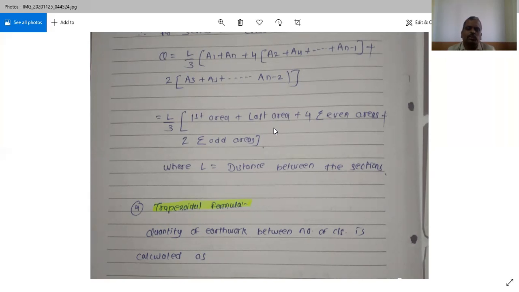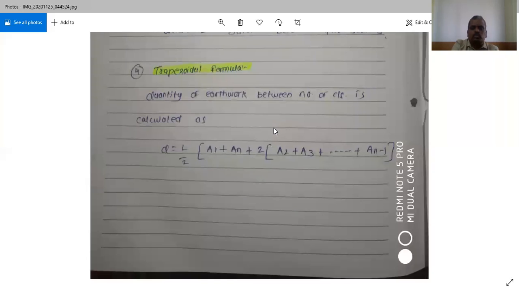Now the fourth and last method which we are going to see today is the trapezoidal formula. The quantity of earthwork between a number of cross sections is calculated by L by 2 into bracket first area plus last area plus 2 into bracket all remaining areas.